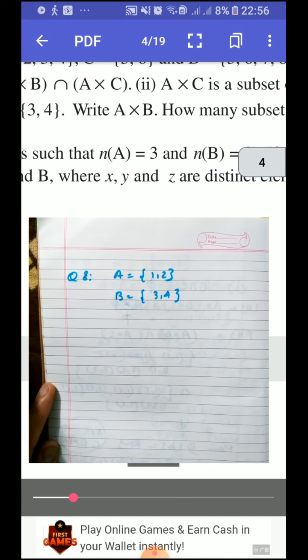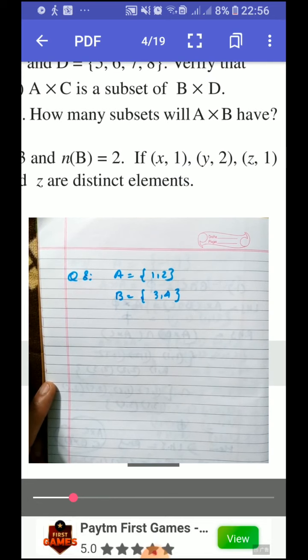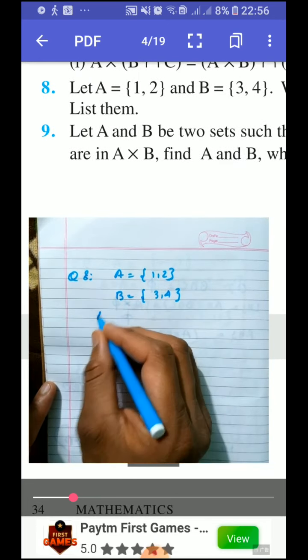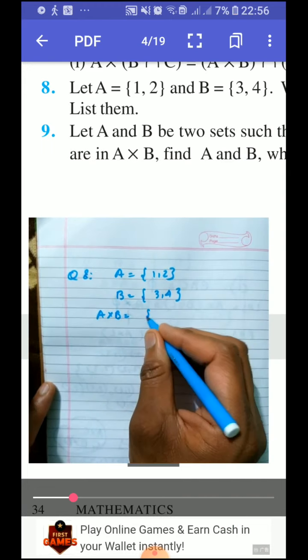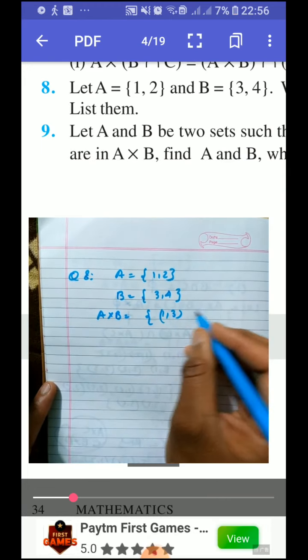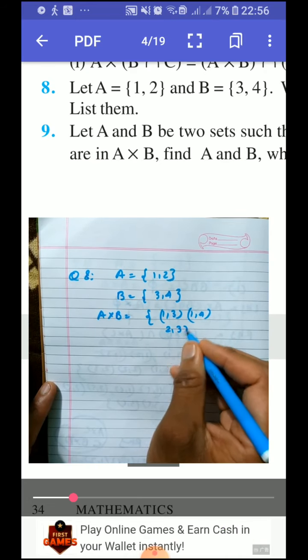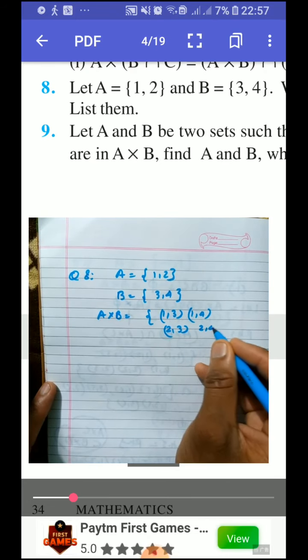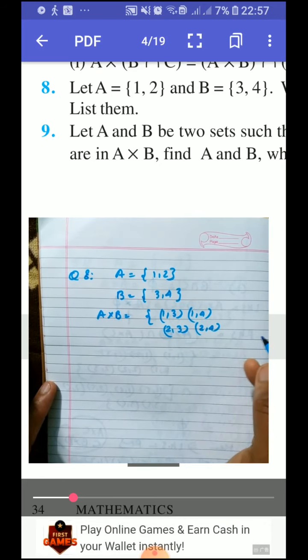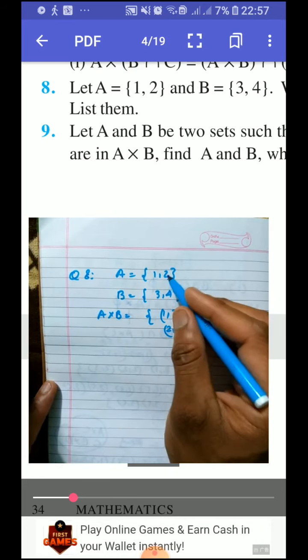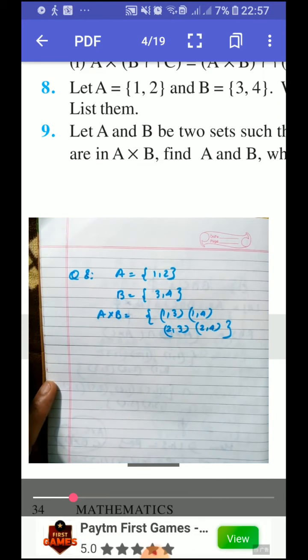Write A Cartesian B and find how many subsets A Cartesian B will have. At first, write A Cartesian B: (1,3), (1,4), (2,3), (2,4).